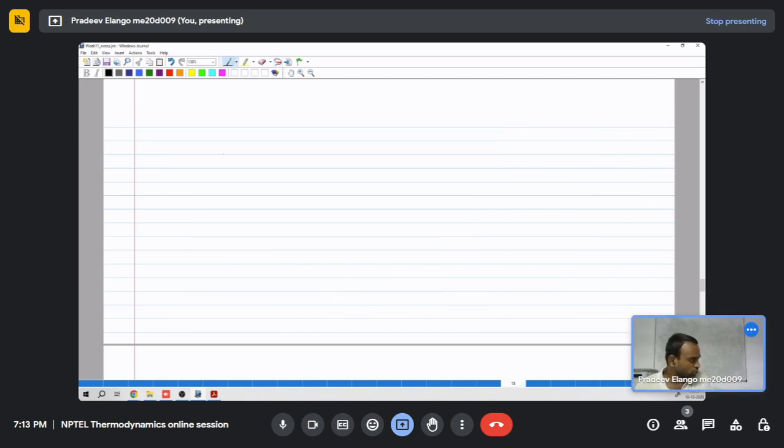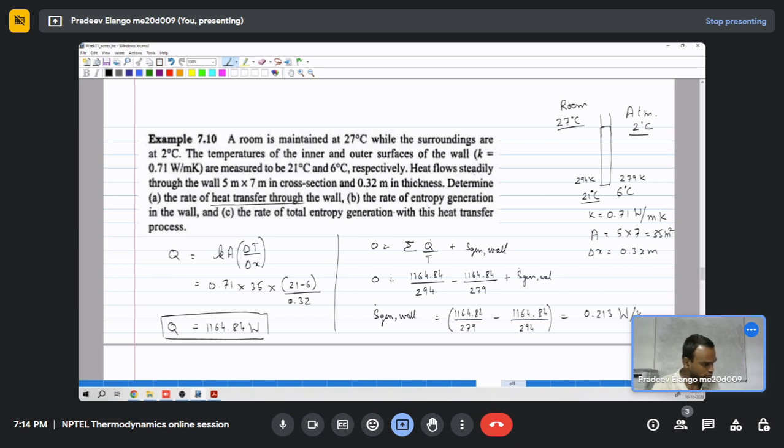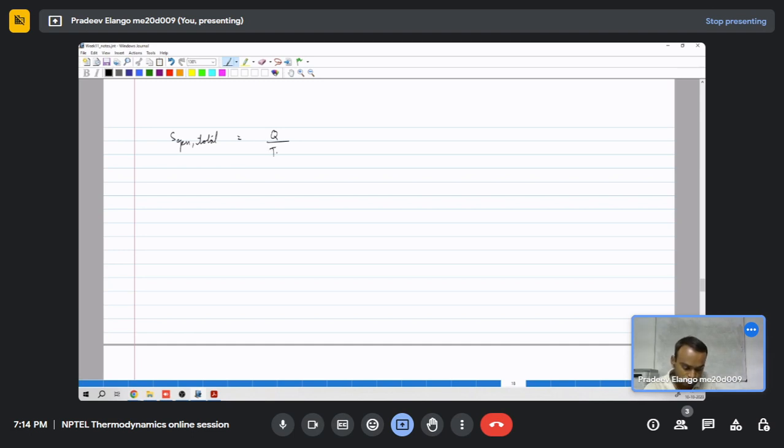Okay. So next is total entropy generated. Is q by, so this is 1164.84 divided by the temperature of the atmosphere, which is 275, minus 1164.84 divided by the temperature of the room, that is 27 degrees Celsius, 300 Kelvin.